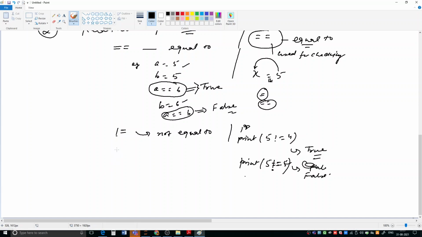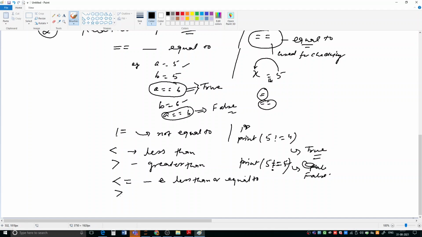Another operator is less than, as it is in mathematics also. Then we have greater than. Then we have less than or equal to.